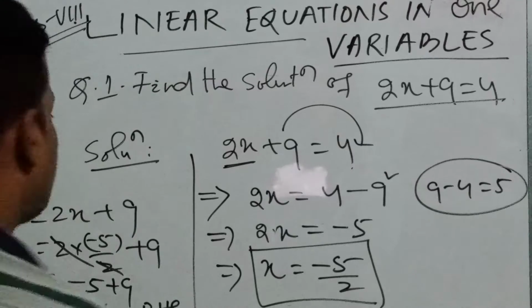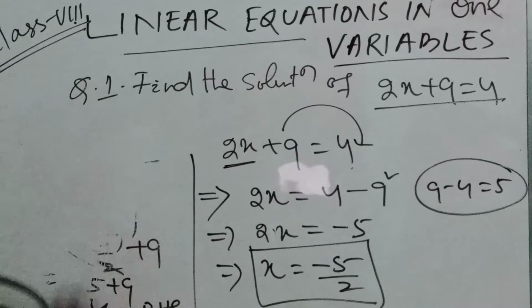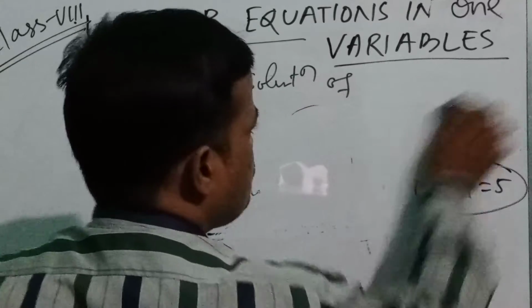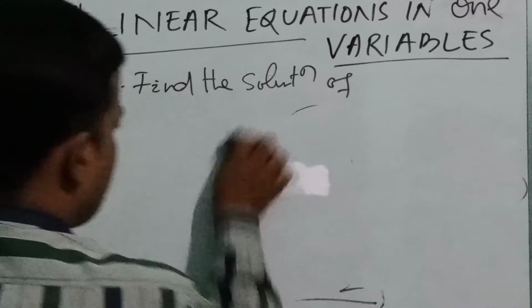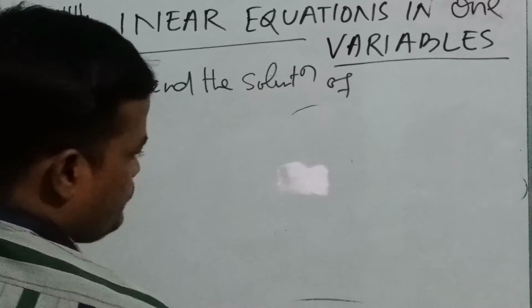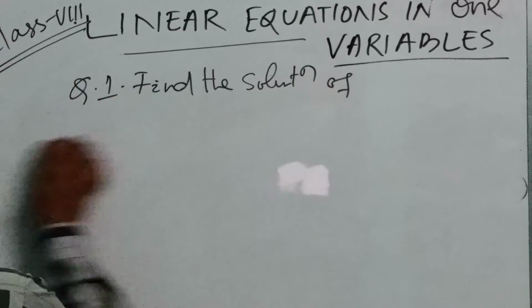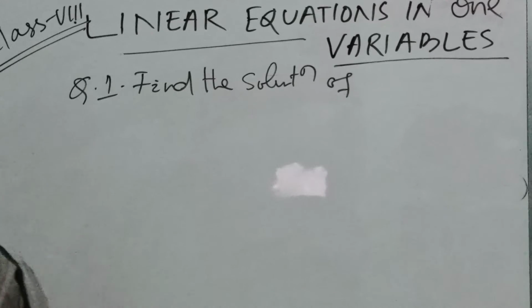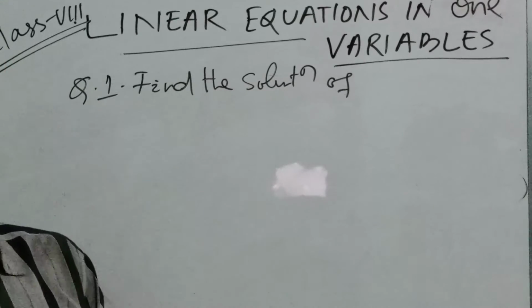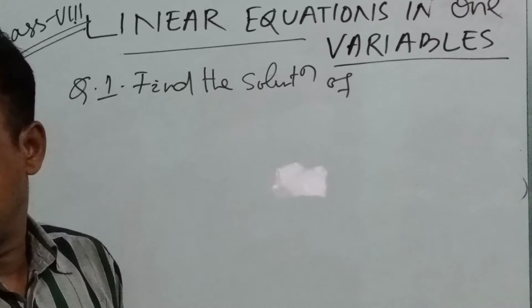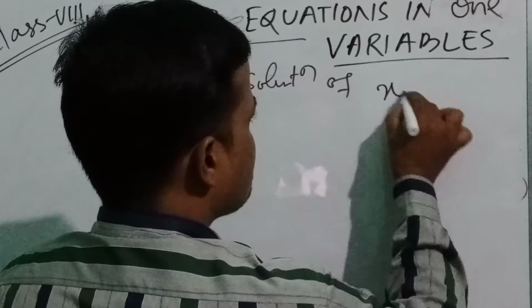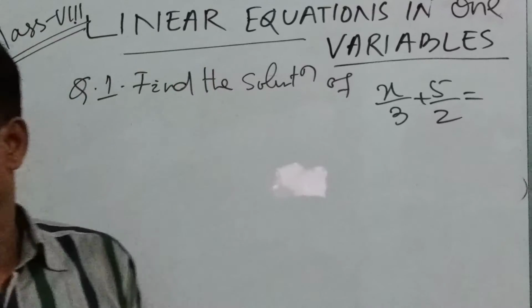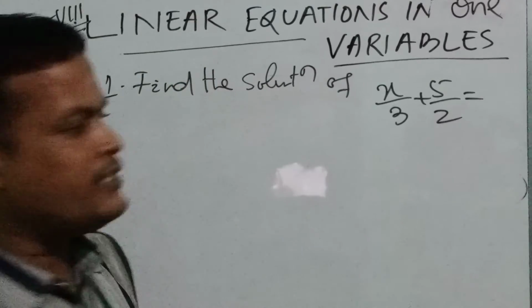Now let us do some other examples. x by 3 plus 5 by 2 equal to minus 3 by 2.